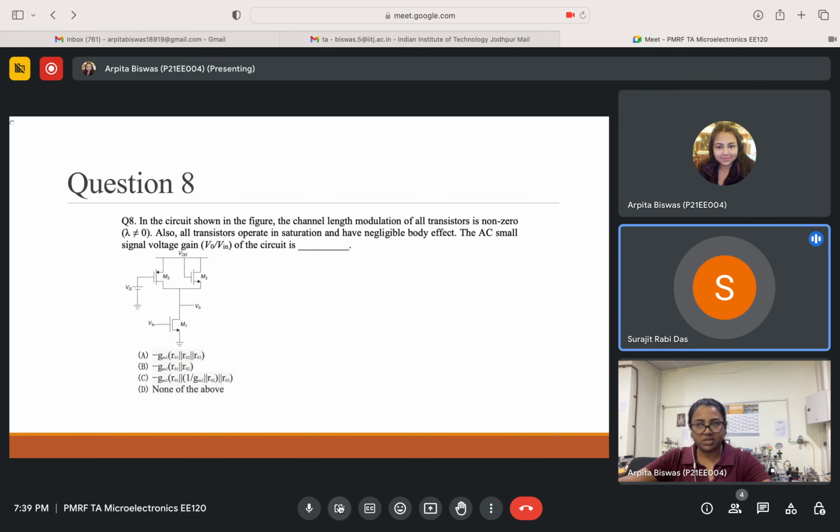So at first we go through some cleaning processes, and after that some deposition techniques, as we discussed in the earlier session.